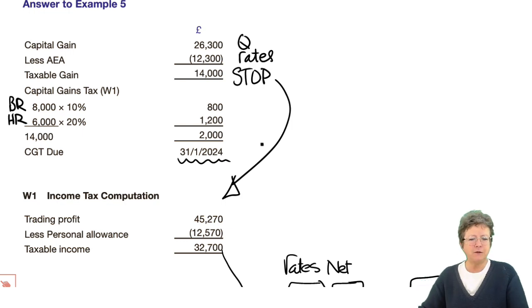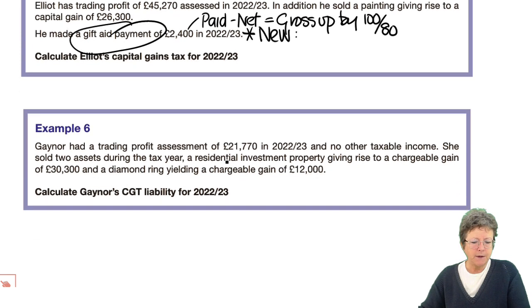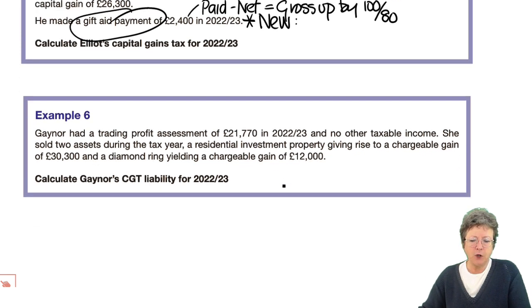You're getting the figures, working out how this works now? Let's do the last one. Gainer has trade profits of 21,770. She sold 2 assets in the year, a residential investment property giving rise to a gain of 30,300 and a diamond ring yielding a gain of 12,000.